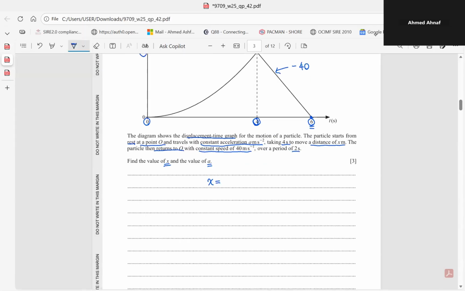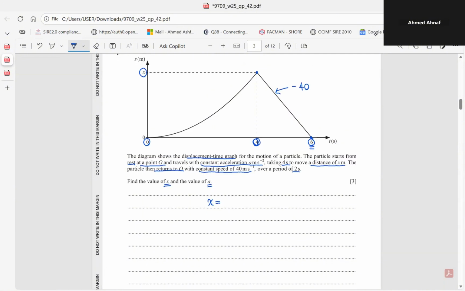So x equals u plus at. It starts from rest, so u is 0, so it's only at. So a times t, where a is a and t is 4, since it takes 4 seconds. So we get x equals 4a as our first equation.